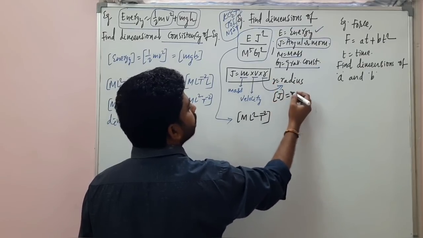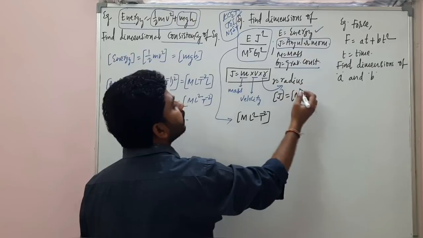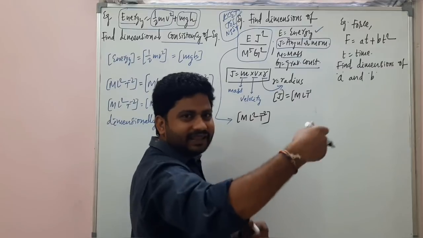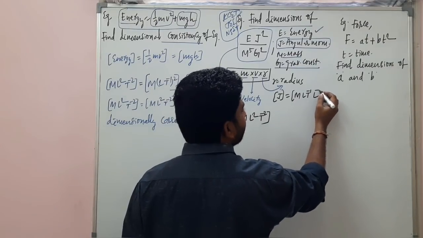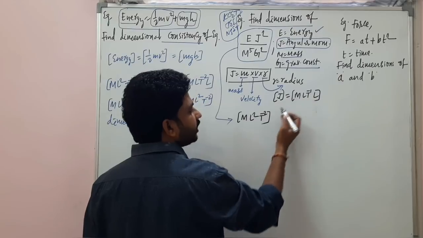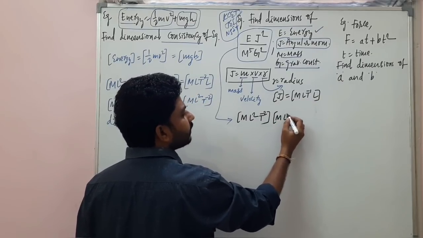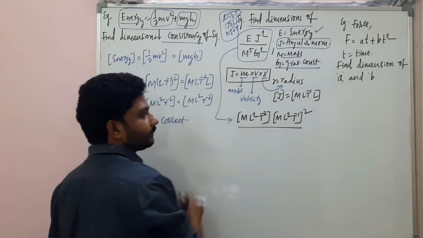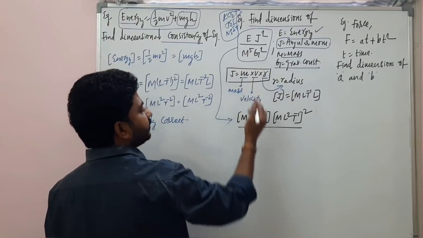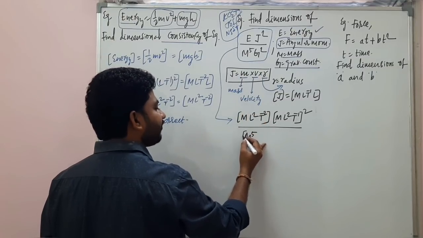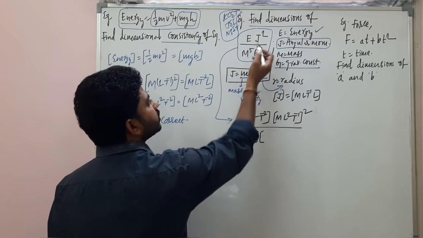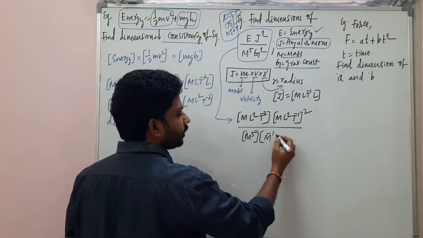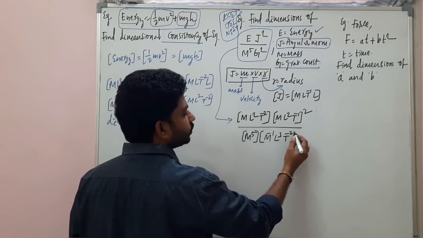Mass is M, v is LT minus 1, and r, the radius, means some length, so that is L. So the dimensions of J are ML square T minus 1. But that is J square, don't miss it, divided by M raised to 5 into G square.